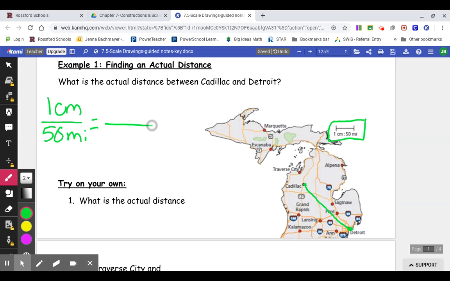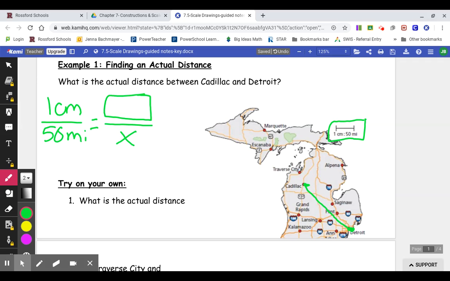When I set that up, whatever I get from this distance from Cadillac to Detroit is going to go right here. Then I'm going to look for my actual distance. Okay, you can use your cross products, you can use multiplication or division to find out what your missing value is. Okay, go ahead and pause the video and you can finish example 1.